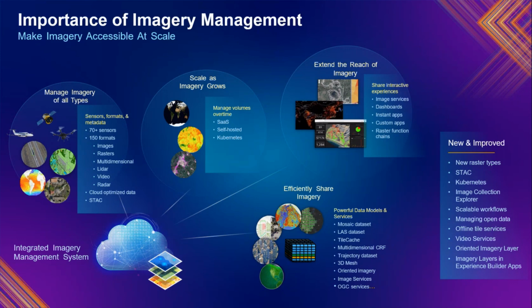If it could be accessed by more people, its value significantly increases. And then if you can actually also use it for analysis, then there's a lot more that you can get out of it. So you really want to efficiently share the data, irrespective of the format and structure of the data. So this is really just showing the different ways of making the imagery accessible at scale.